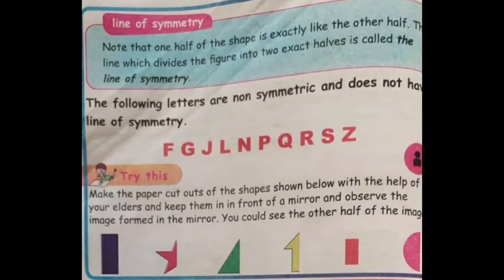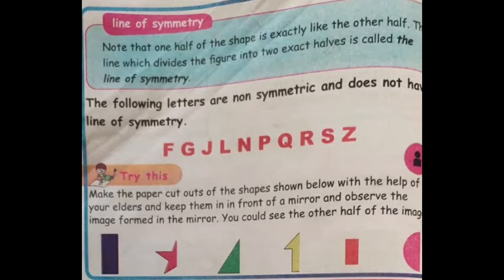Now, line of symmetry. So what is that? One half of the shape is exactly like the other half. Then the line which divides the figure into two exact halves is called the line of symmetry.